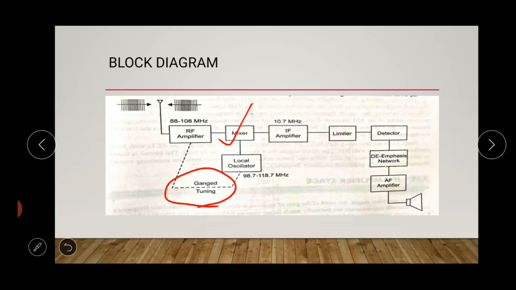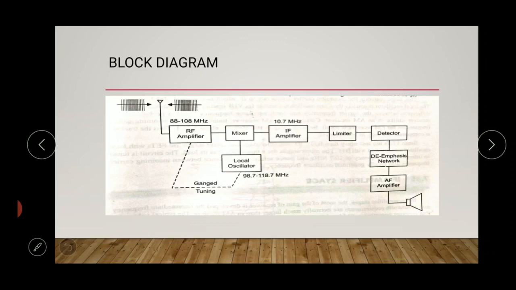The output of the mixer is the difference signal of the incoming signal and the carrier signal, which is known as the intermediate frequency. The value of the intermediate frequency is 10.7 MHz. This signal is then amplified by the IF amplifier.